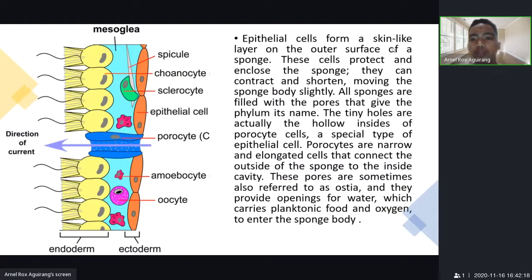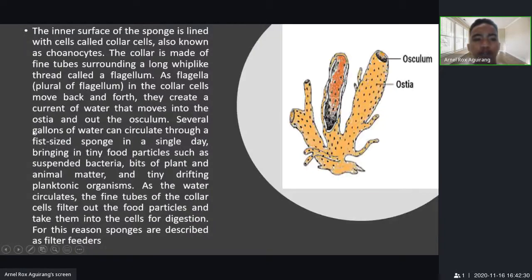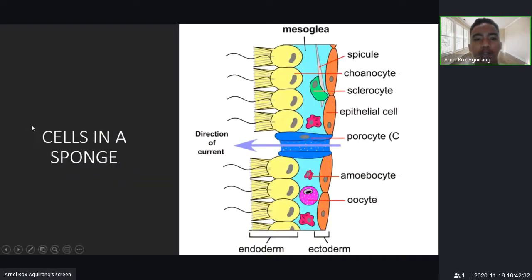So, the epithelial cells form a skin-like layer on the outer surface of a sponge.